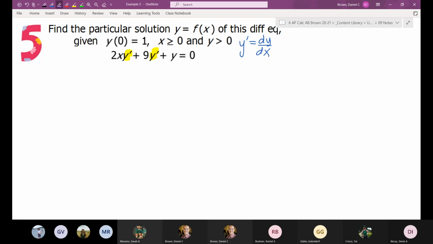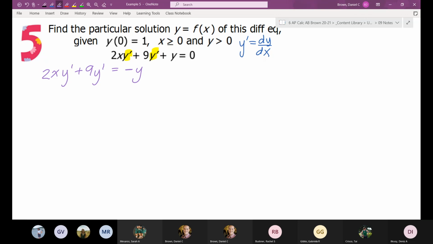So for me, it's going to be easier if I just keep those together on the same side of the equal sign. So I might have something like 2xy prime plus 9y prime is equal to, moving that y term to the other side, negative y. Why would I do that? Those two terms on the left-hand side now both have y prime in them.